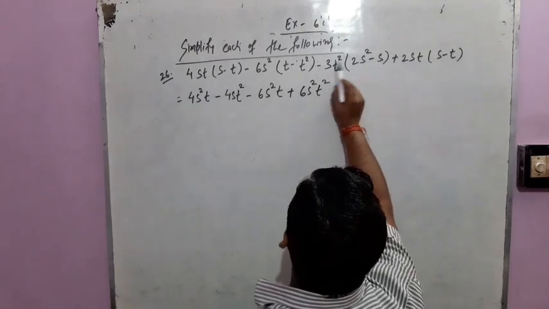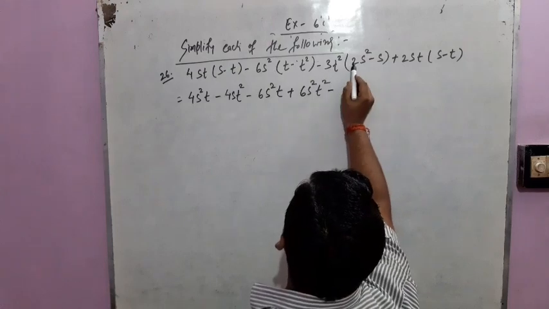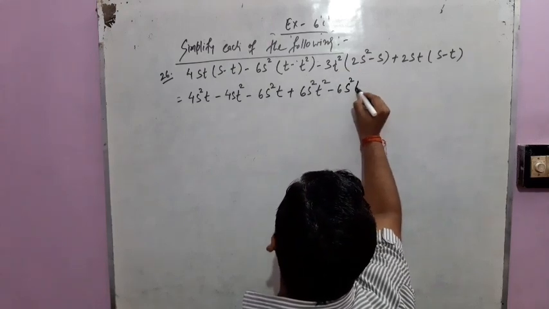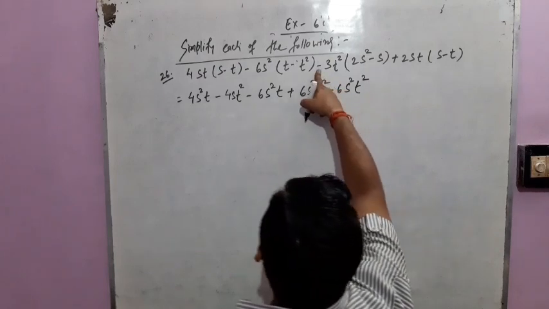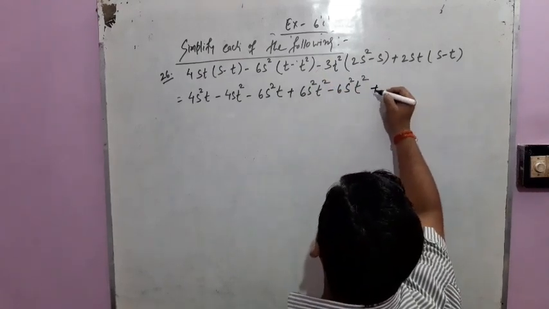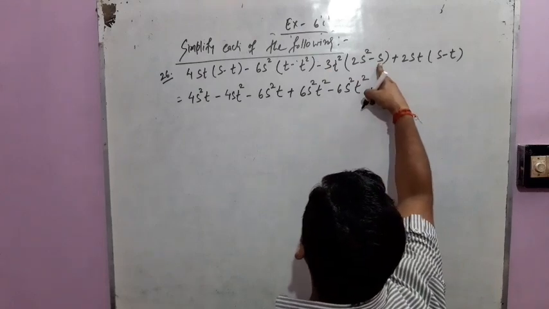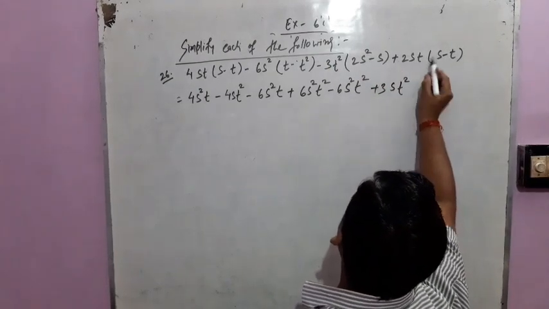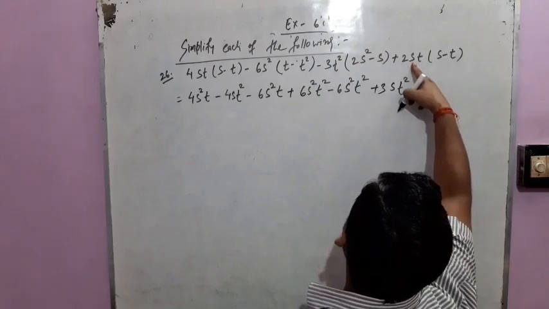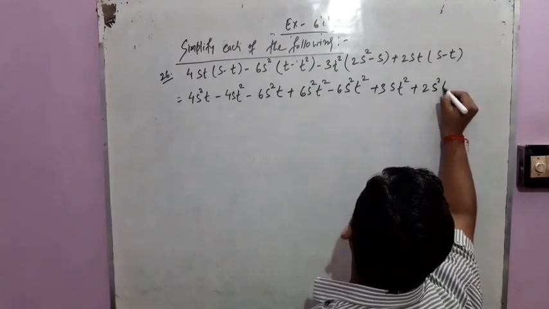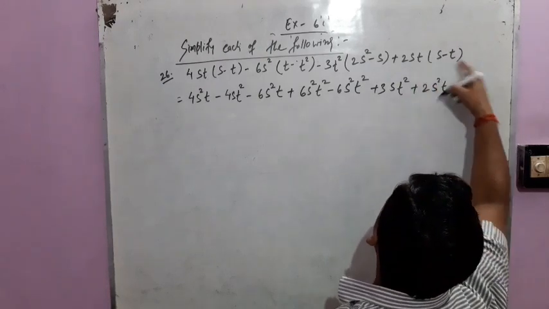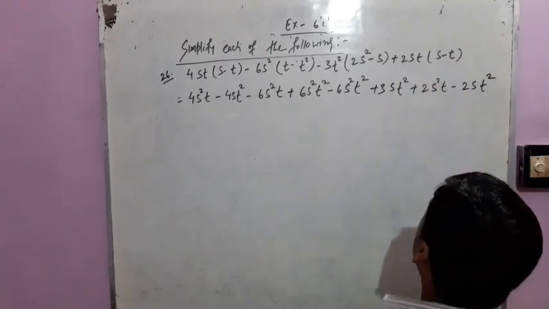Now again here minus plus minus 3 into 2, 6, and s square t square. Again here minus plus students 3 s and t square. Again here plus 2s into s square t plus minus 2st into t square.